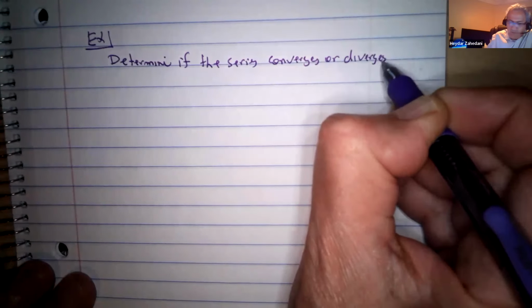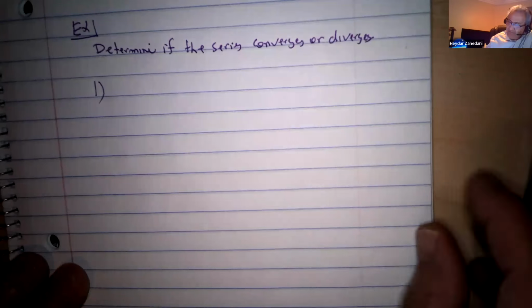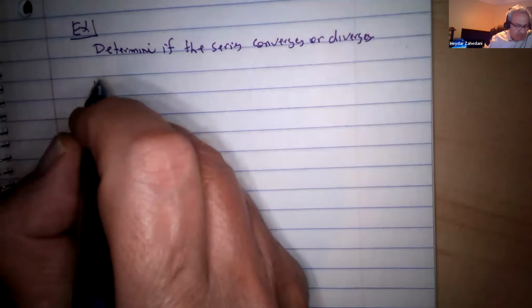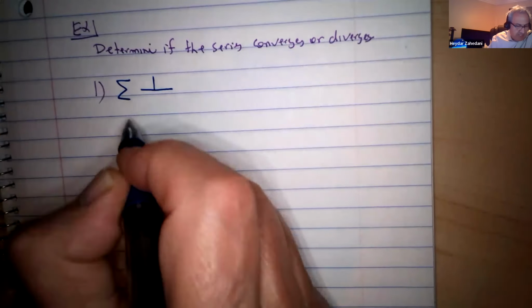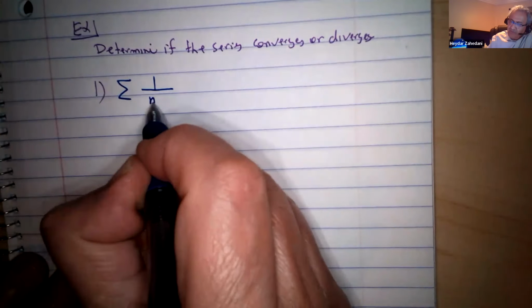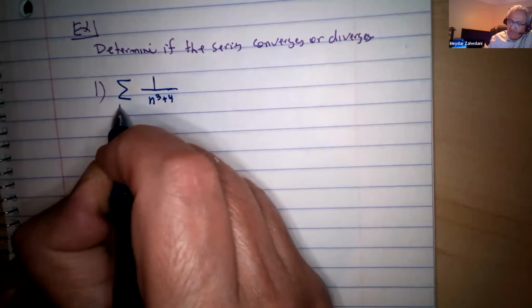Look how I'm going to take care of this series. The first one, the one that we did, let's just do it again. Suppose you have the sigma of 1 over n cubed plus 4, n from 1 to infinity.